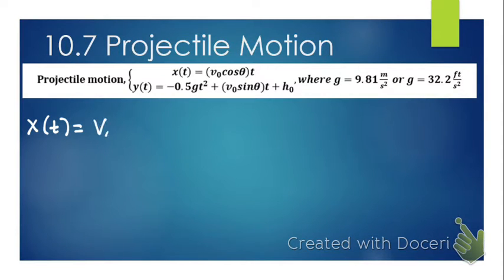So v sub 0 cosine theta t. So let's talk about this equation first. First of all, x, that represents a horizontal distance. So this equation we use for a horizontal distance.